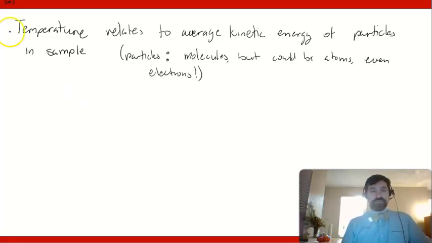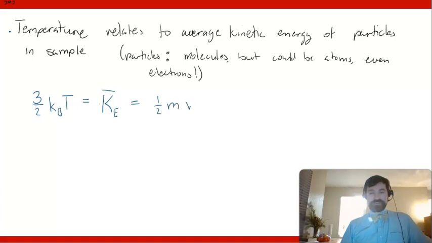In any case, how is it that temperature is related to this average kinetic energy? Well, if you use 3/2 times the Boltzmann's constant times the temperature, then you get the average kinetic energy of the molecules. So I will use a K with an E subscript here. And you'll recall that K with an E subscript is 1/2 times the mass times the speed squared.